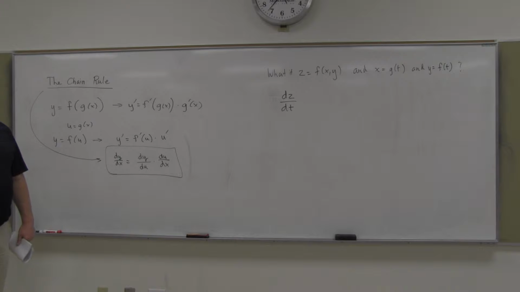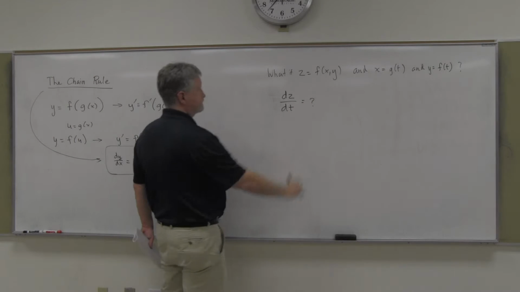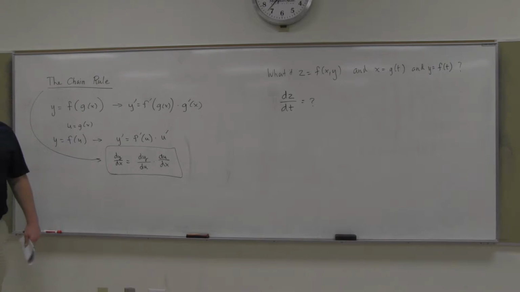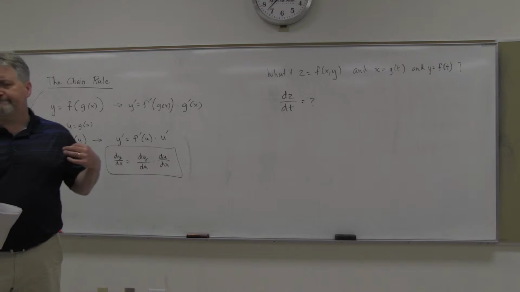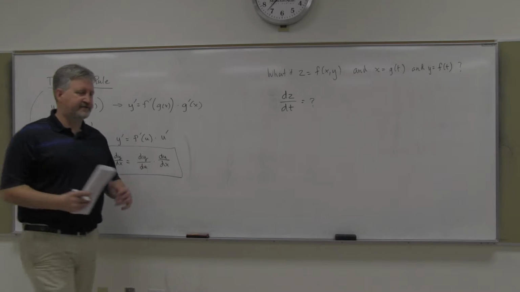Can think of that scenario right there, the function z with respect to t. We could calculate this with the definition of derivative, but here's what it turns out to be.